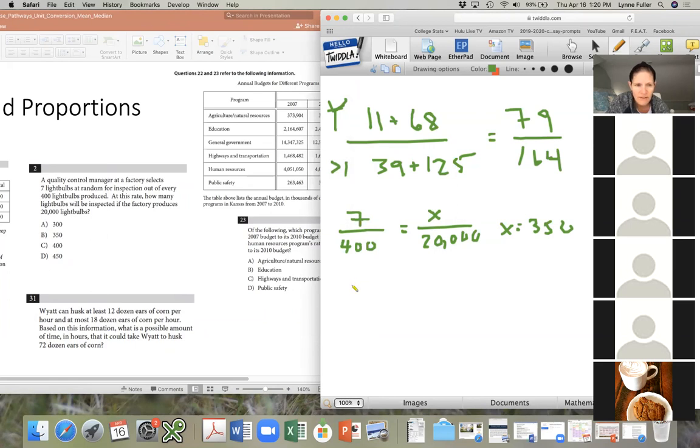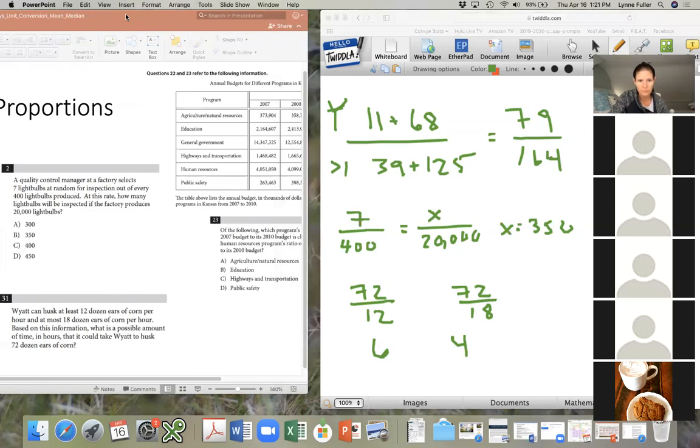So if I would do 72 divided by 12, and then 72 divided by 18, you could figure out your range of how long it would take you to husk all of that. So that would be 6 hours on the high side, and 4 hours on the low side. So you could say 4, 5, or 6, and all of those would be acceptable.